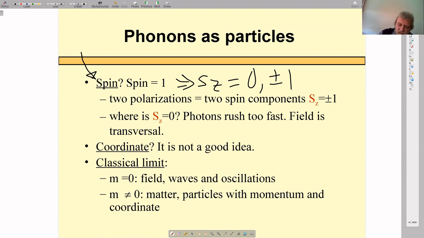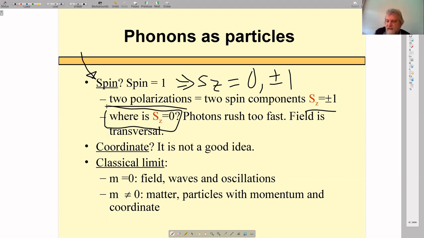But we see only 2 polarizations, and in fact they correspond to 2 spin components, Z plus minus 1, and in this case it's spin in the direction of the propagation, in the direction of photon momentum. The question is, where is the third component?